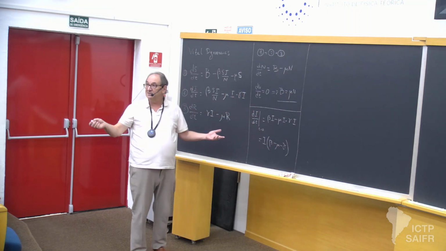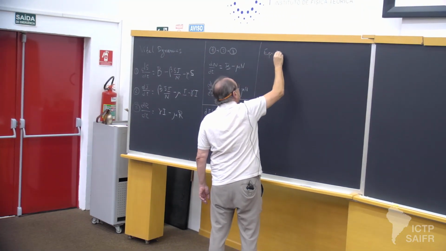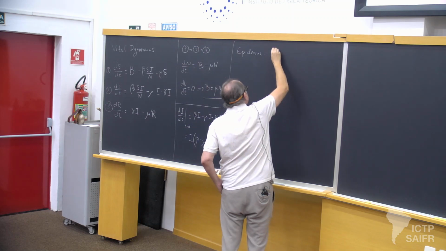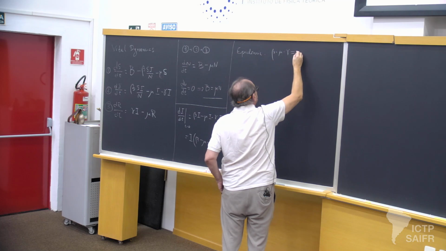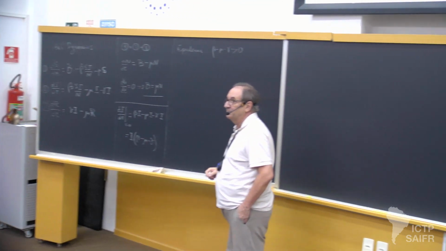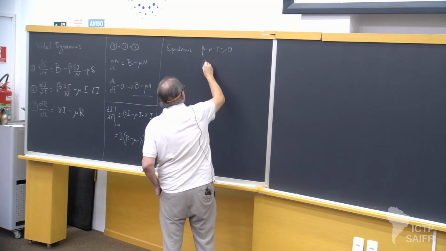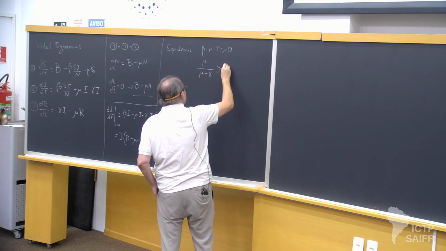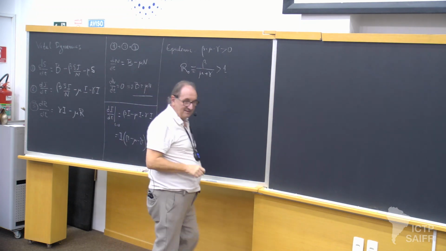And now the condition for epidemic means that I have to have beta minus mu minus gamma bigger than 0, okay? Which is the same thing as saying that beta divided by mu plus gamma has to be bigger than 1. And this is our R0 in this case.